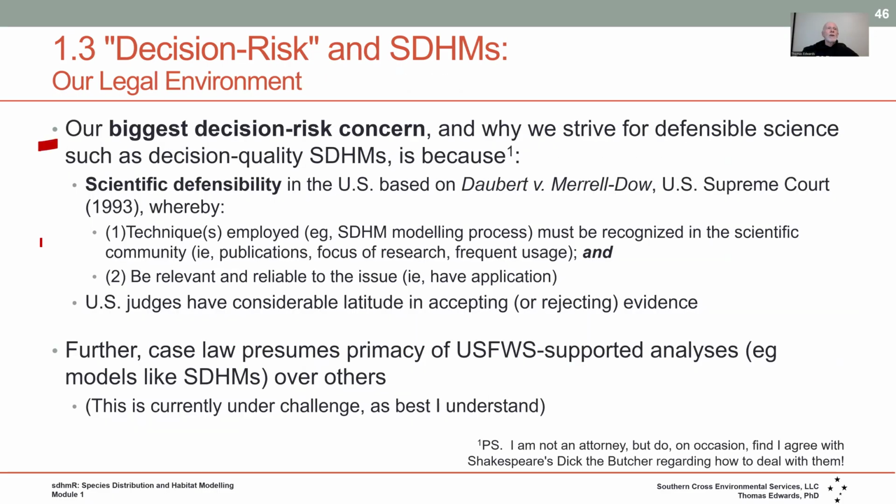Now, our biggest decision risk concern, and why we, at least in the US, strive for defensible science, is because of this. Scientific defensibility in the US is a Supreme Court decision, Daubert versus Merrell Dow, whereby the Supreme Court determined that the techniques employed, you're doing a modeling process, must be recognized in the scientific community.